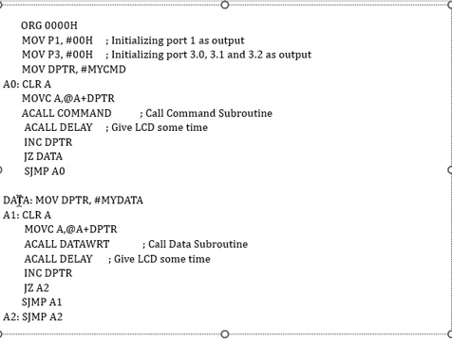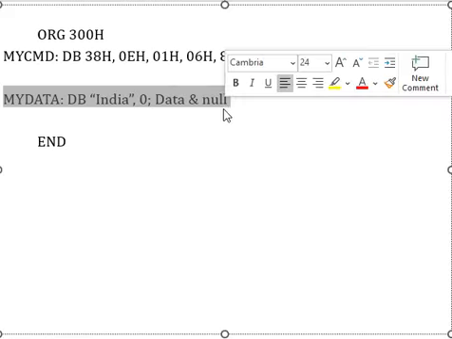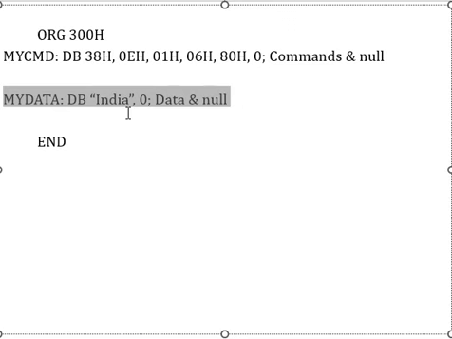Next, in the data subroutine, we are going to call the value which you want to display. So MOV DPTR, #mydata. If you check over here, this is the message which I am interested to display.